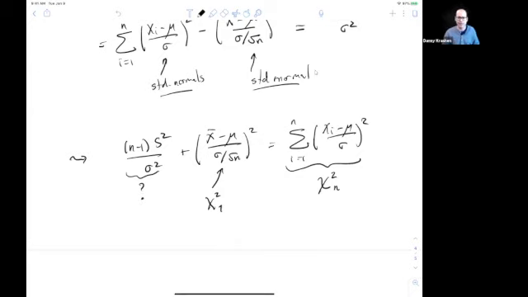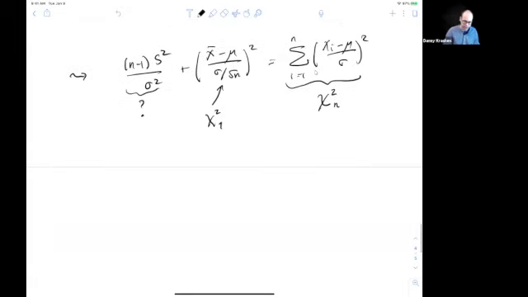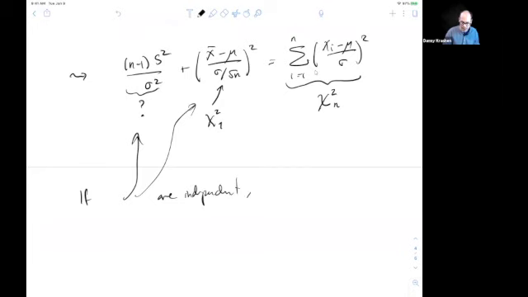So to figure it out, I'm going to use moment generating functions, but to do that, I need to make an implicit assumption here. So if these are independent, then the moment generating function of the sum is going to be equal to the product of the moment generating functions.